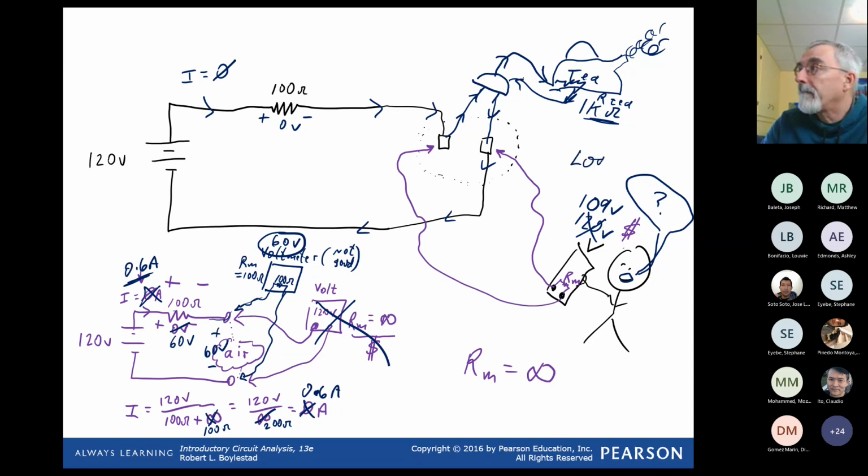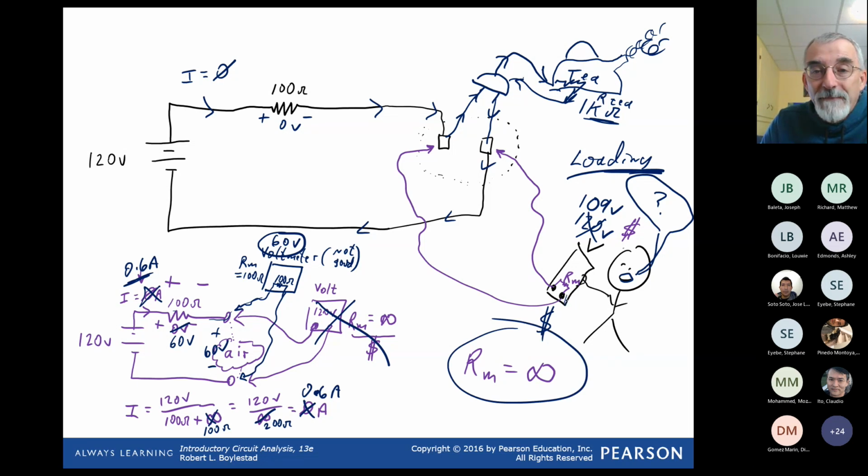That's called loading. We load down the circuit. A very good voltmeter has a resistance of infinity and will not load down the circuit. A poor voltmeter, a cheap voltmeter, has a lower resistance, and could load down the circuit.